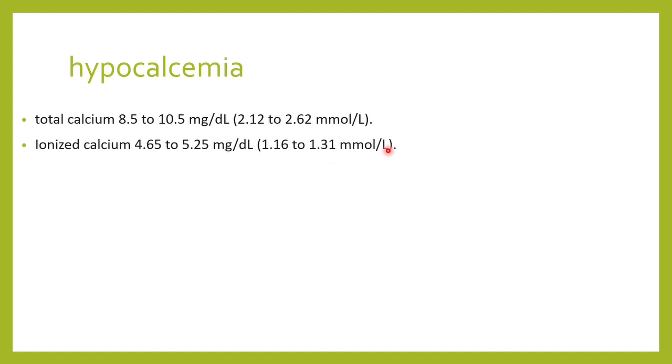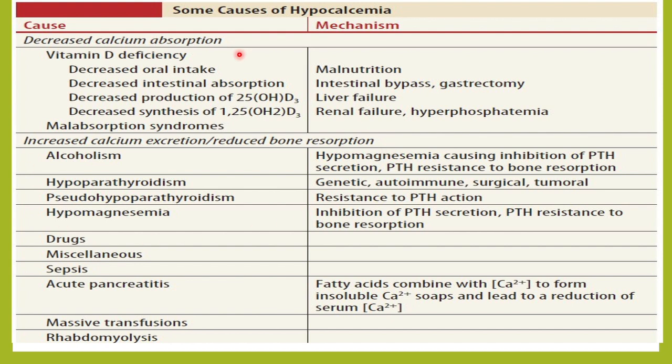ionized calcium is less than 4.65 milligram per deciliter. So there are many causes of hypocalcemia which we have seen. One is vitamin D deficiency. It could be because of decreased oral intake. There can be malnutrition, or the calcium is not absorbed from the small intestine. There could be an intestinal bypass.